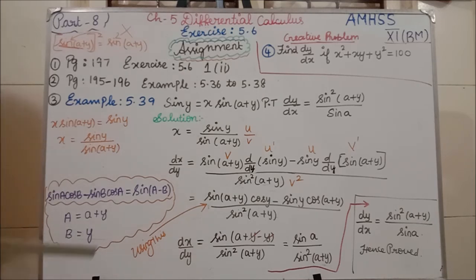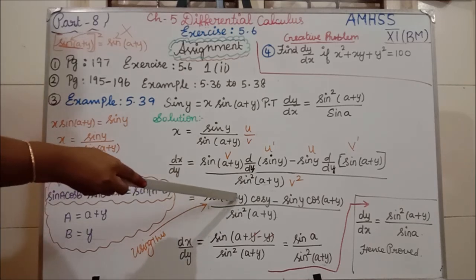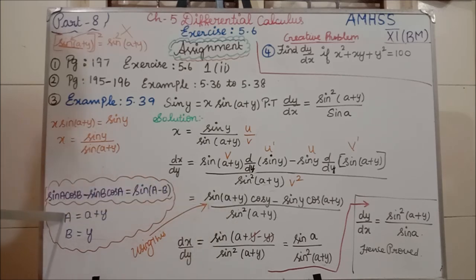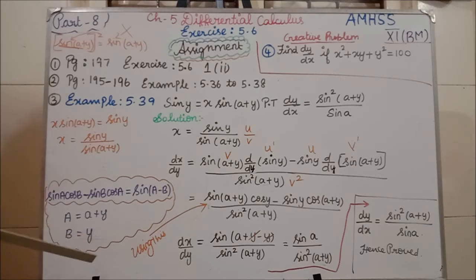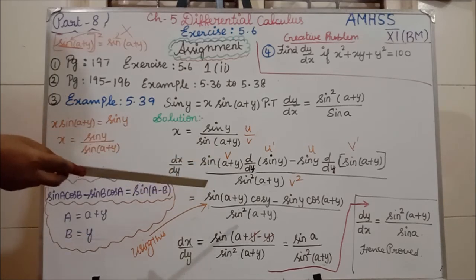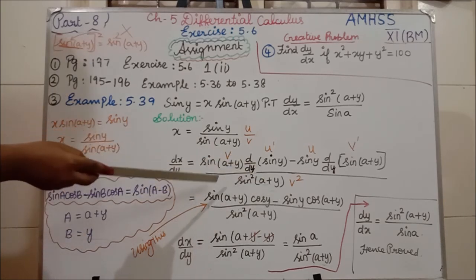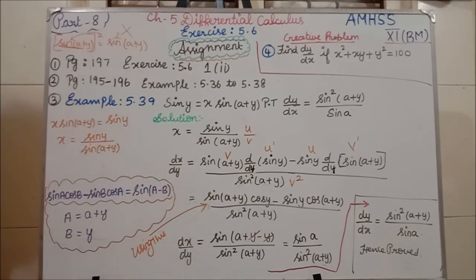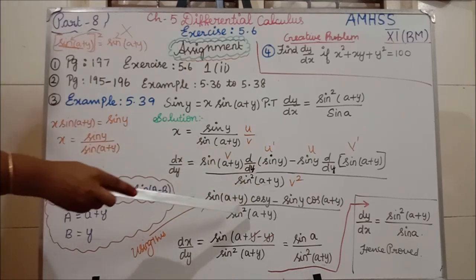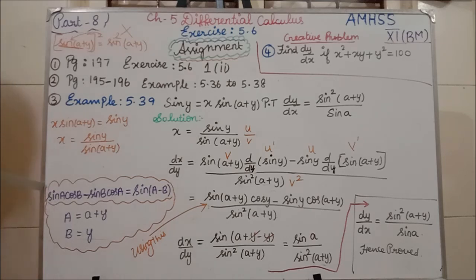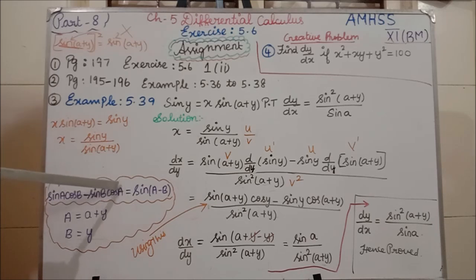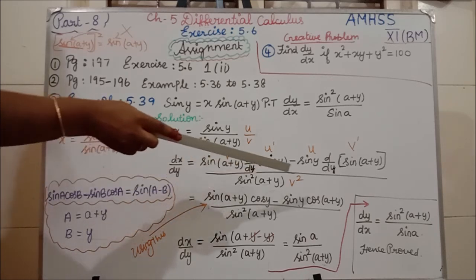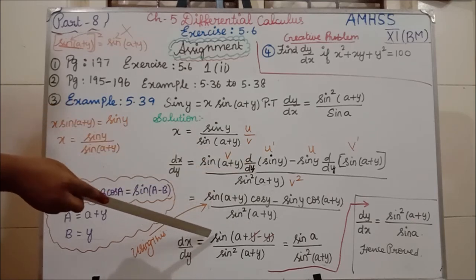Clear, students? Now if you see here, sin a plus y. A plus y is our a, we will take. Cos y we will take as b. Minus what we are having, this y came to sin and a plus y went to cos, divided by sin square a plus y. According to this formula, this whole numerator, how can we write?